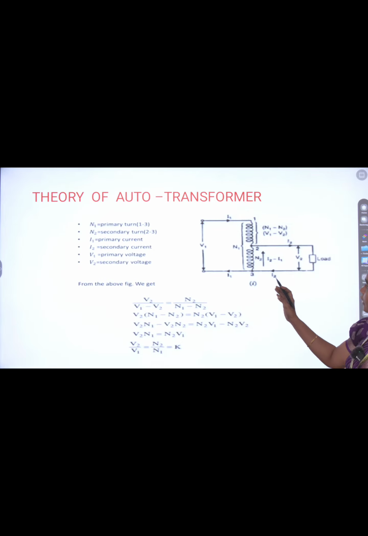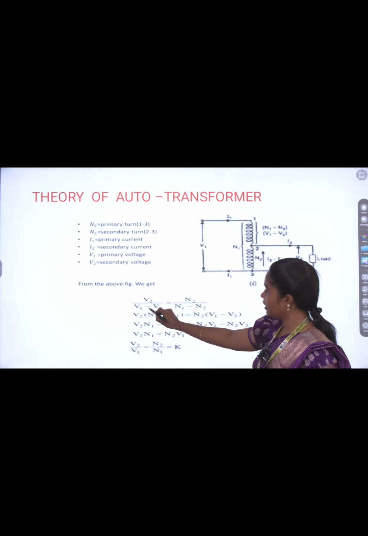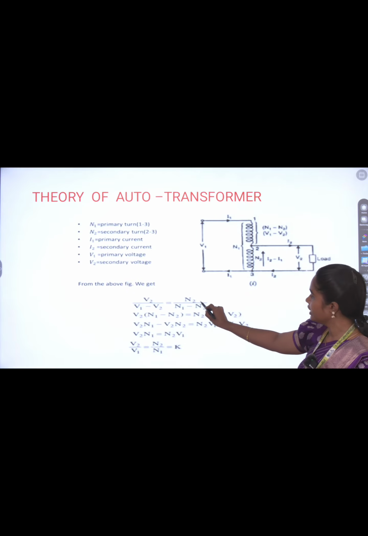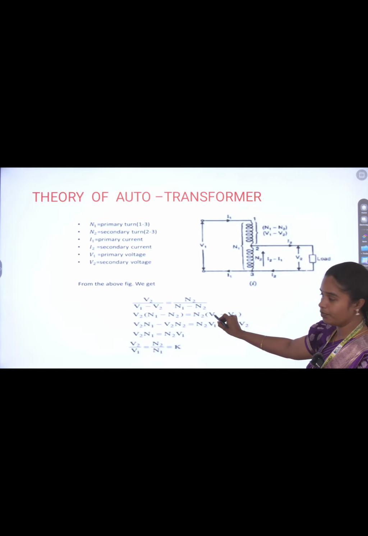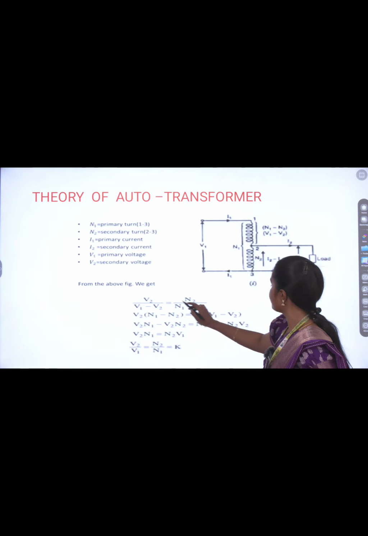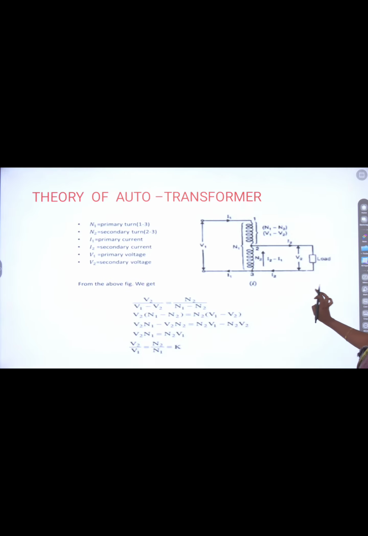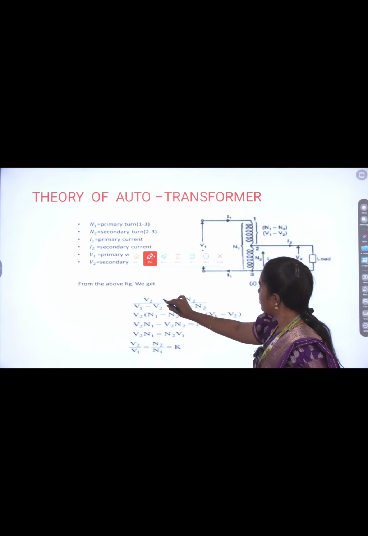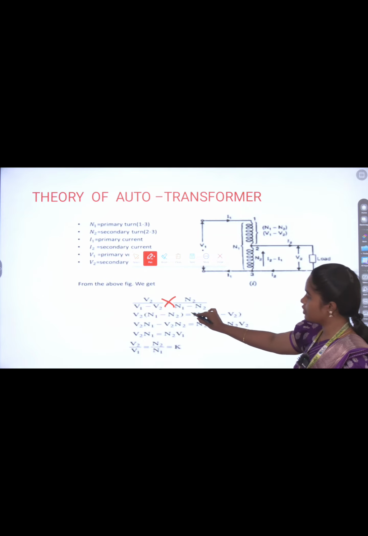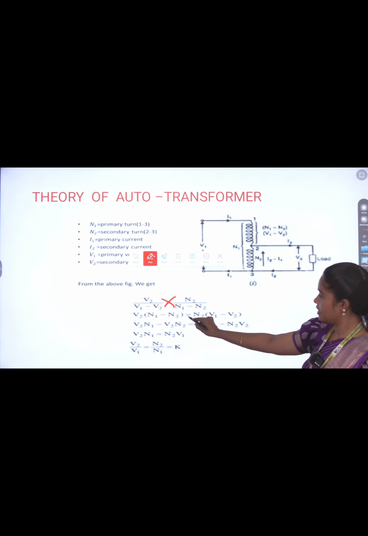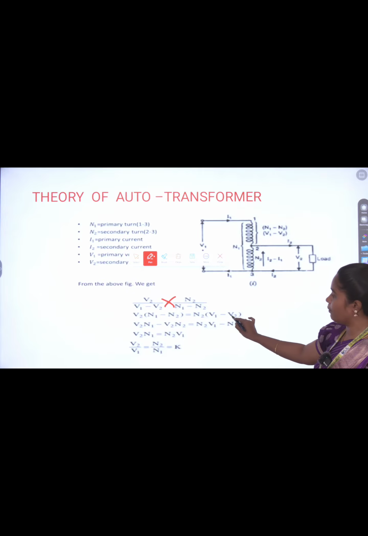We have to compare both sections, primary and secondary, and the equation is V2 divided by V1 minus V2 equal to N2 divided by N1 minus N2. Cross multiplying the terms, we get V2 into N1 minus N2 equal to N2 into V1 minus V2.